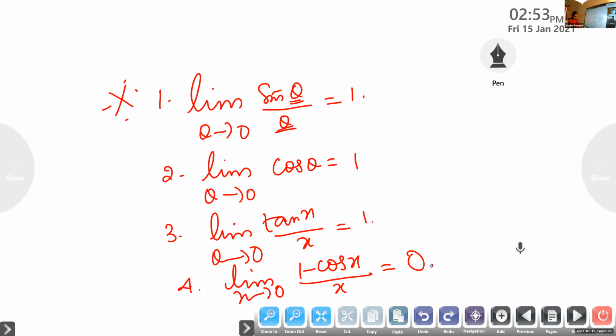For these formulas, the proof is not needed, just learn the formula. But I'll explain how we are getting this fourth one. We use trigonometric identities here.